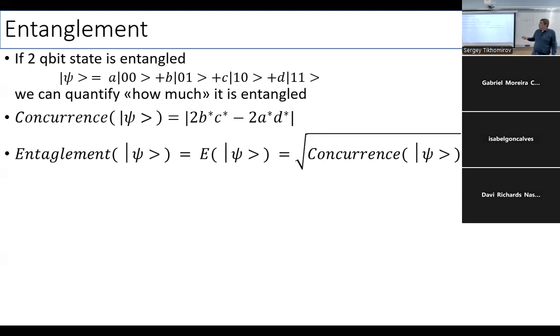Let us say that this would be the measure of how much it is entangled. And we introduce a special entanglement measure, which would be the square root of this value. I don't know exactly why, but people put a square root on it.